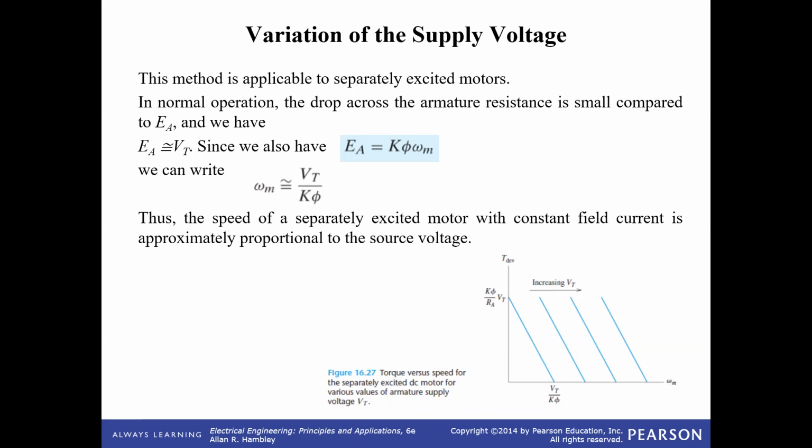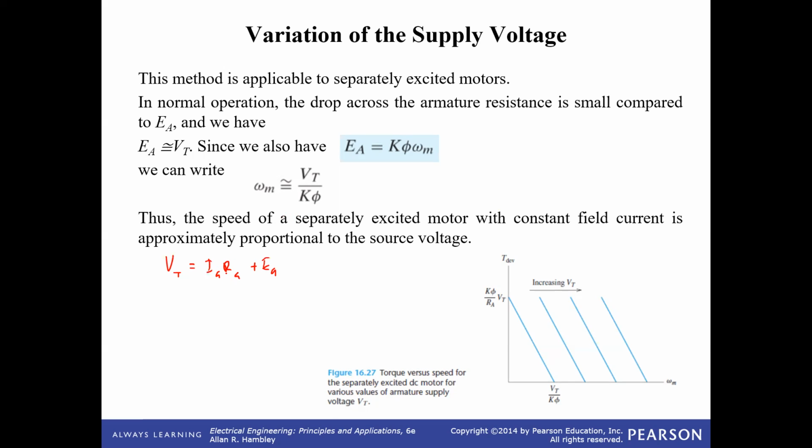But for this method, variation of supply voltage, it can only be applied to the separately excited DC motor. Based on the voltage of the armature circuit, we have VT equal to IA RA plus EA.